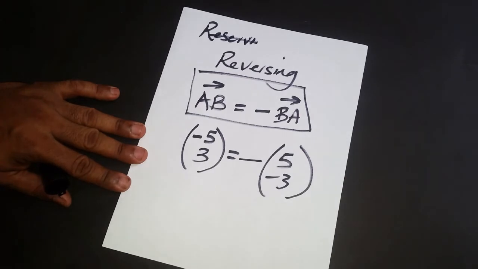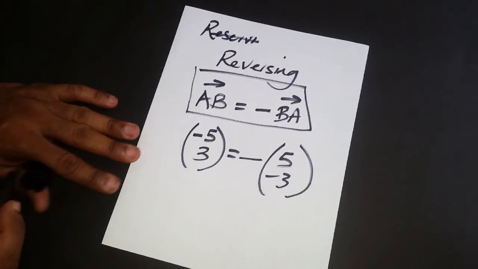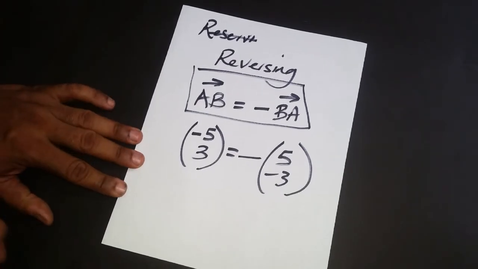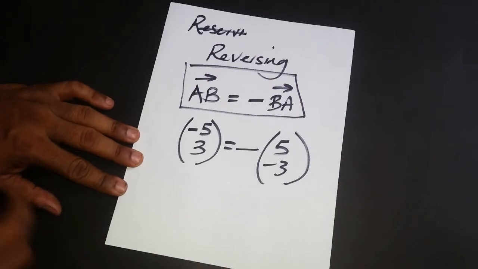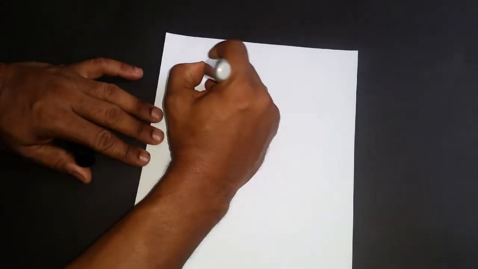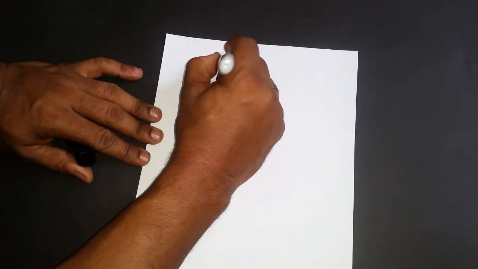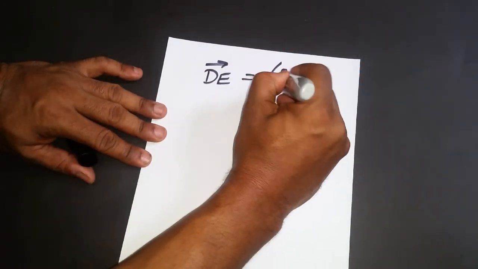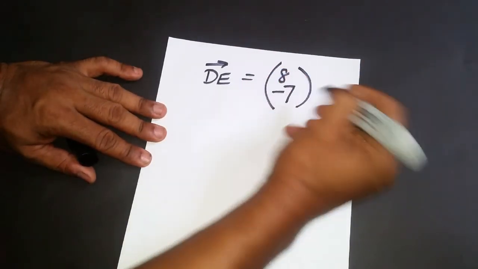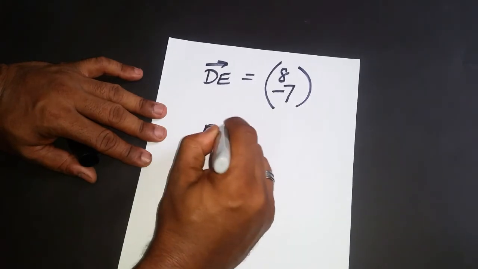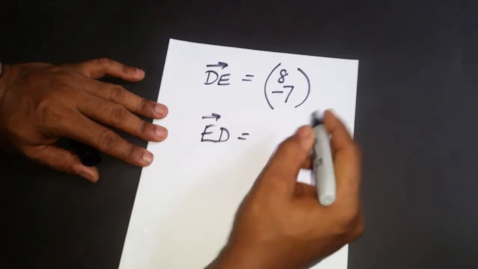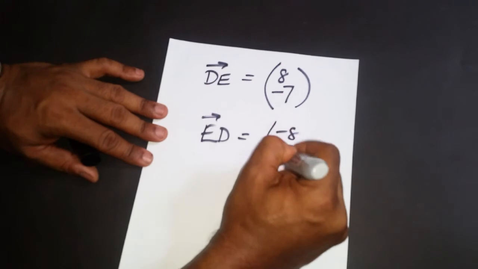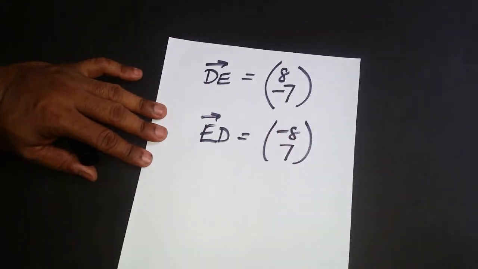But what is even more important to remember is that when you reverse a vector, the signs change. So if a vector is called DE and that vector is 8 minus 7, then ED would automatically be negative 8 and positive 7.